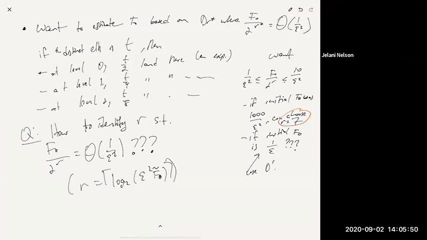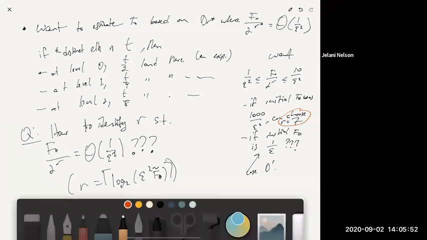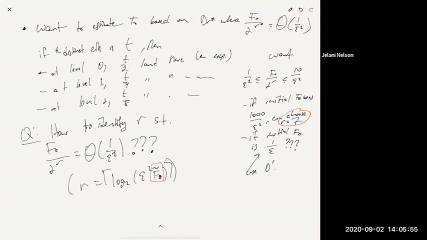So the question is now, of course, how do you get a constant factor approximation to f0? What you've seen so far is if we had a constant factor approximation to f0, then there's a way to refine it into a 1 plus epsilon approximation via everything you've seen so far.